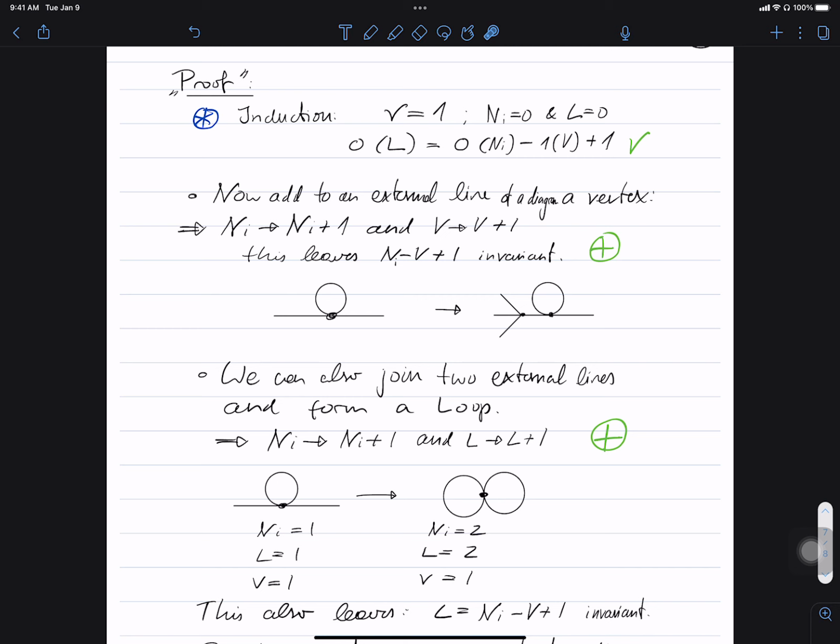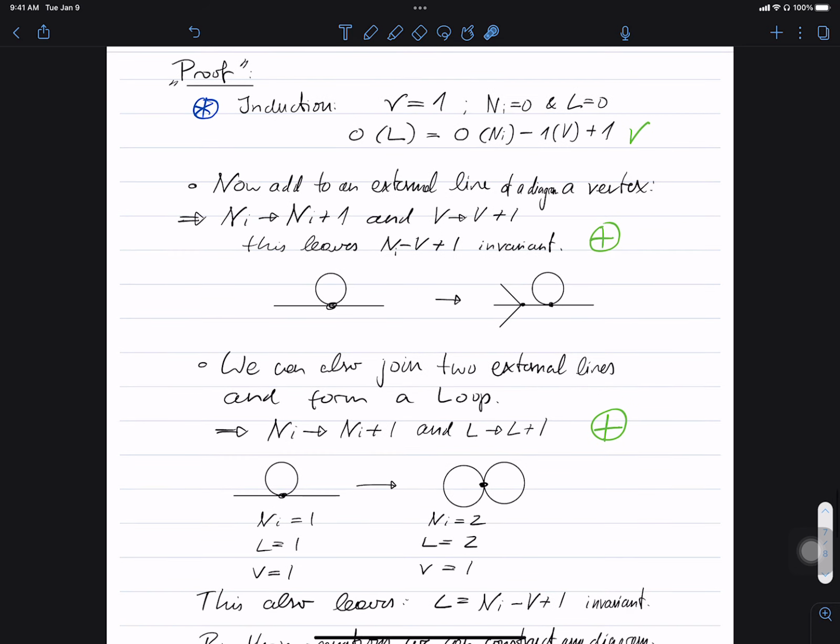Here, minus 1 is the number of vertices, and plus 1 is a part of the formula. So this formula holds for this set of parameters of one vertex, 0 external lines, 0 loops.